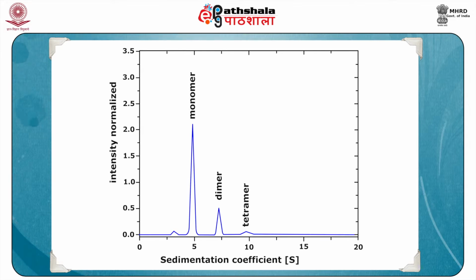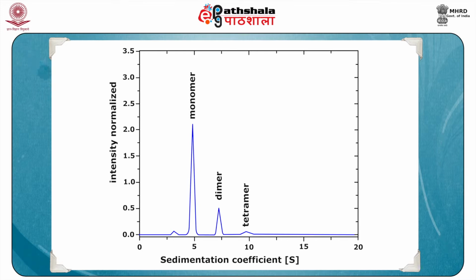Optical detection methods in the analytical ultracentrifuge would indicate one sharp peak if the macromolecular solution were homogeneous, or if aggregated as dimer or tetramer, more peaks would be detected.